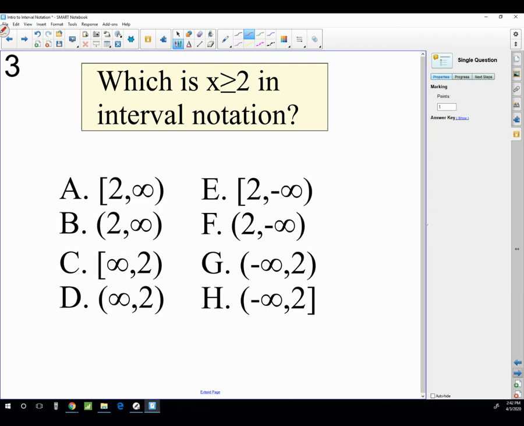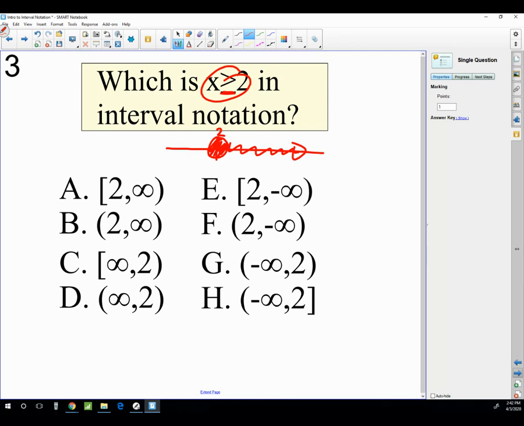All right, pause the video. It may be that you want to draw the number line of this, that you would be at 2, a full circle because you have the equal to there, and you're going to the right. The numbers greater than 2 go to the right of 2.